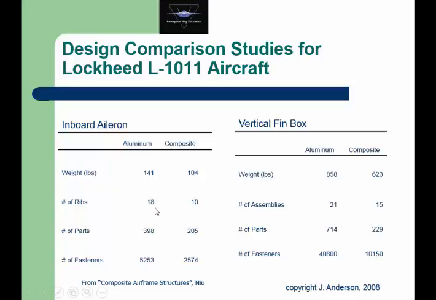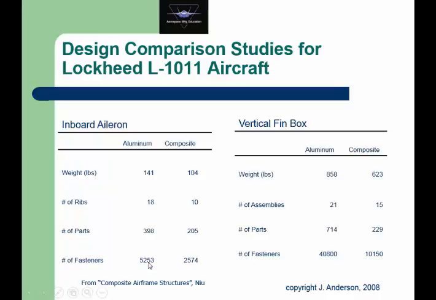Less ribs means less joints, means less material, less assembly. So the number of total parts that you need to assemble the aileron, if it's made out of aluminum, was close to 400, and it was only half of that number of parts for composites. The number of fasteners, likewise, was about half for composites.